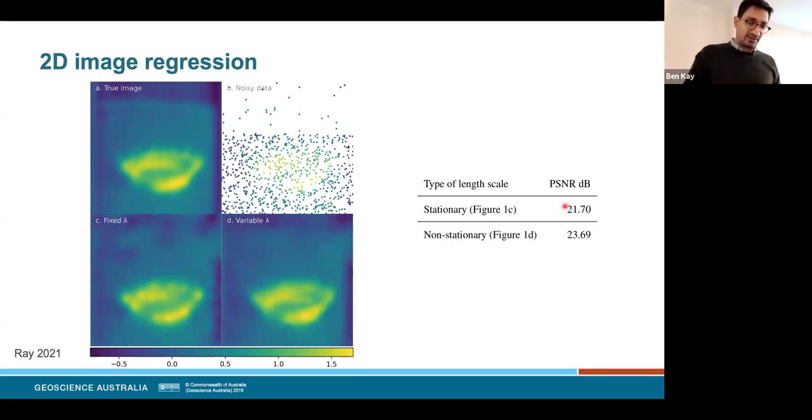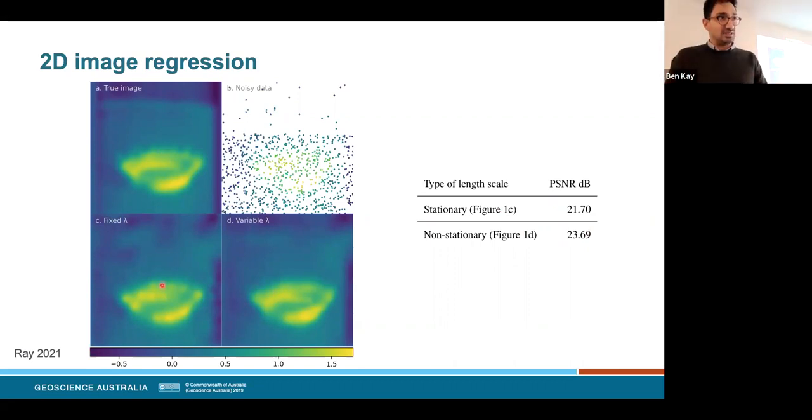This is something called the peak signal to noise ratio, which you can compute when you're looking at compressions of images and the fidelity of your compression, and higher values are better. So you're doing 2 dB higher than you were for the stationary figure. So you're definitely doing better in figure D than you are over here. So your eyes aren't lying to you.